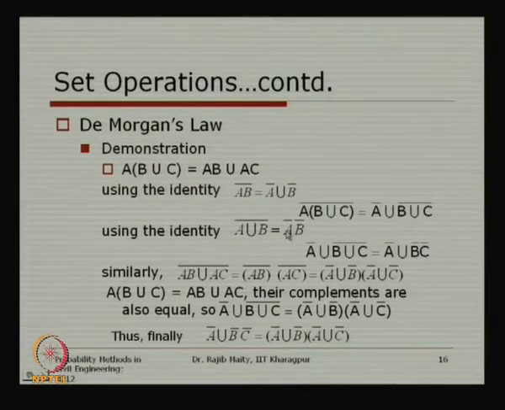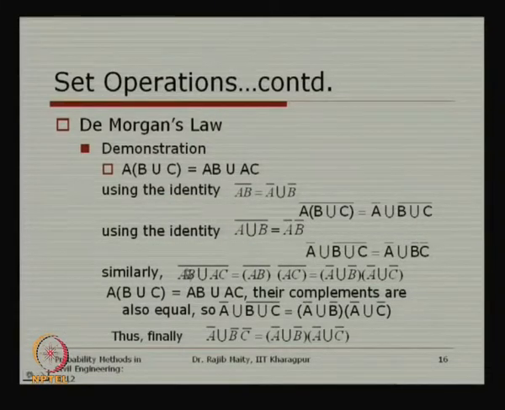Using this one, now B corresponds to A and C corresponds to B, we can write A complement union B complement intersection C complement. So from this I just proved that this is equal to this quantity.